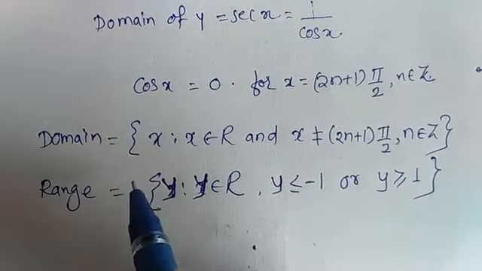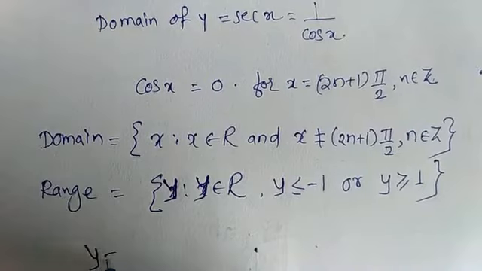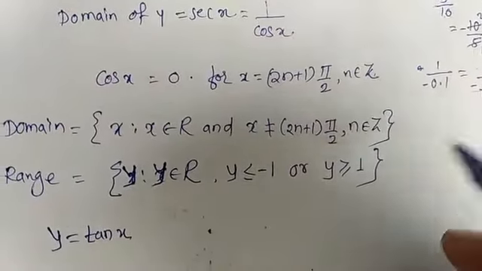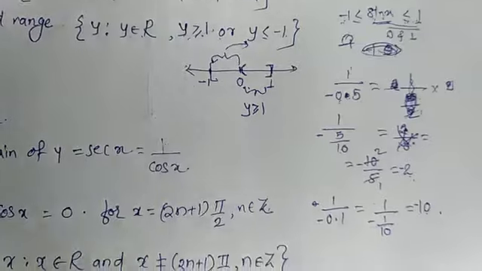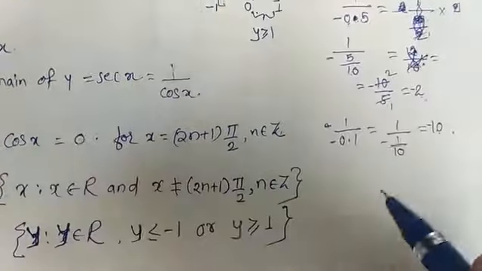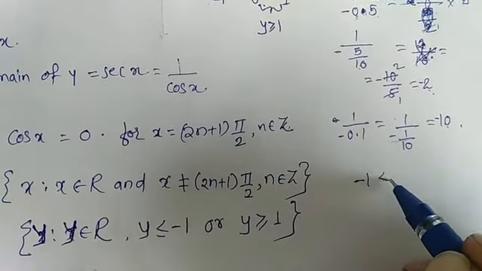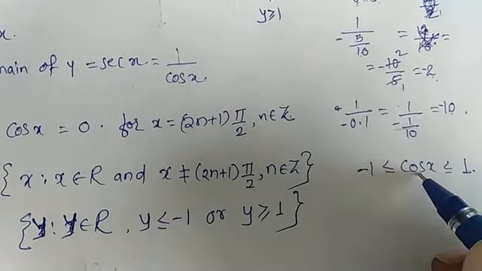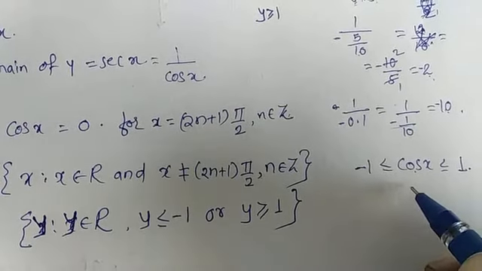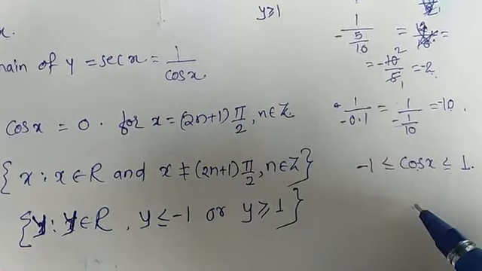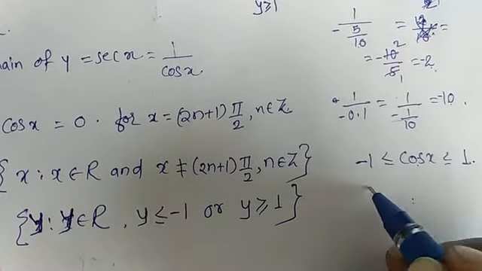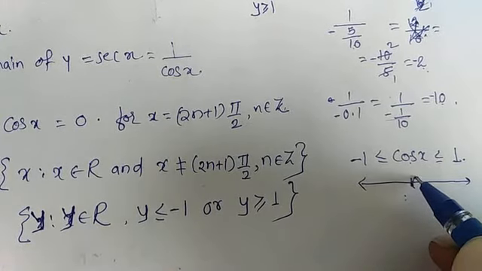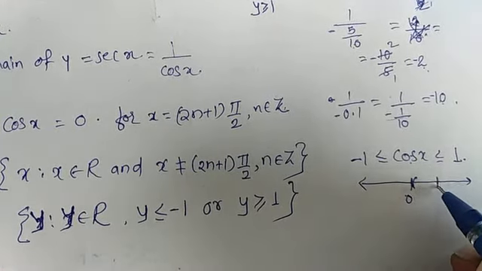Okay, now for y is equal to sec x, you can consider the same calculation as for cos x also: minus 1 is less than or equal to cos x, which is less than or equal to 1. Okay, so sec x is the reciprocal, 1 upon cos x. So for 0 it will be infinity, so we have to check the values near 0 up to 1.